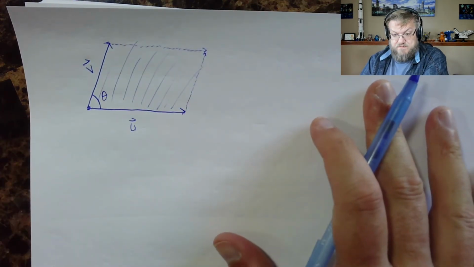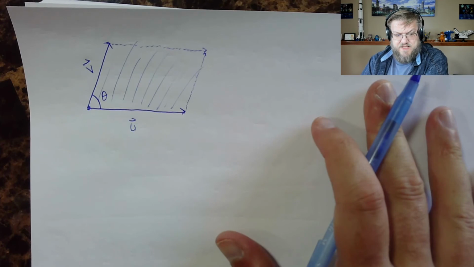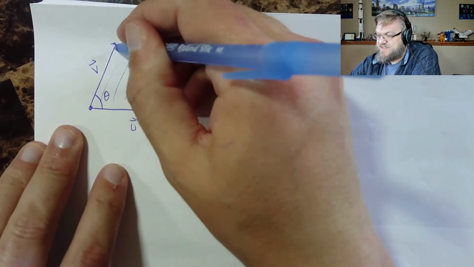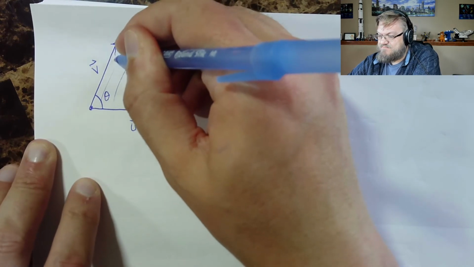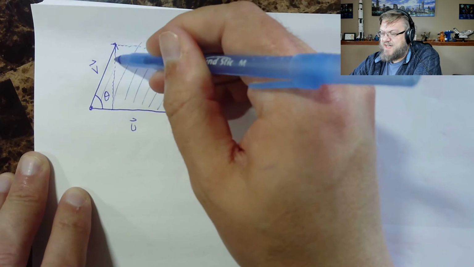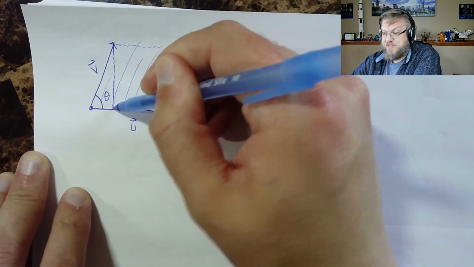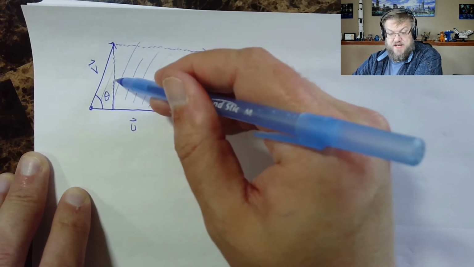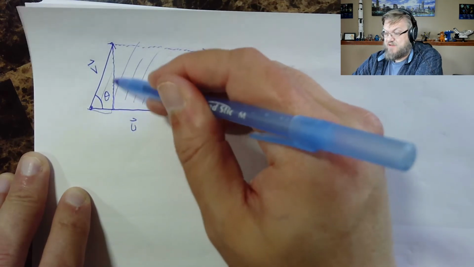Now, because the cross product has something to do with sine of theta, it might be interesting to think of this right triangle here. In other words, what is the height of this triangle, and ultimately, what is the height of this parallelogram? Well, it is the opposite side of this right triangle here.